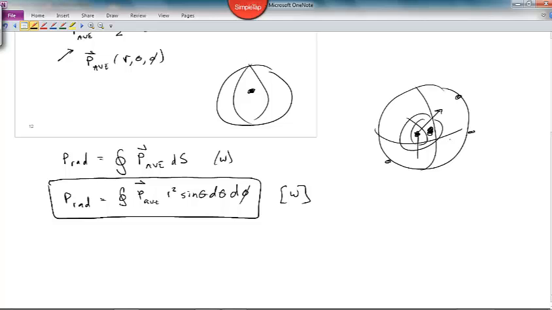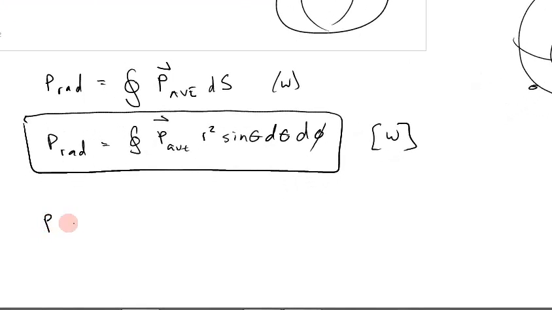It's important to note that radiation power density is a function of all 3 space variables, r, theta, and phi. As I stated in an earlier video, radiation patterns, the drawings that we make of the shape of radiation, whether it's spherical or directional, are usually normalized. If we normalize power here, we get P of r, theta, phi normalized.